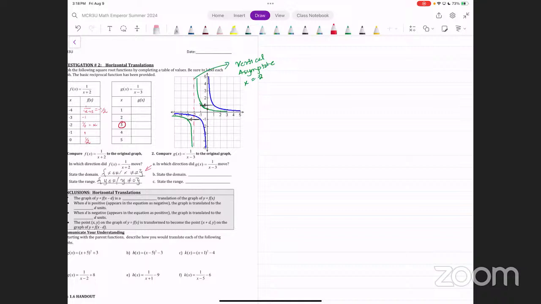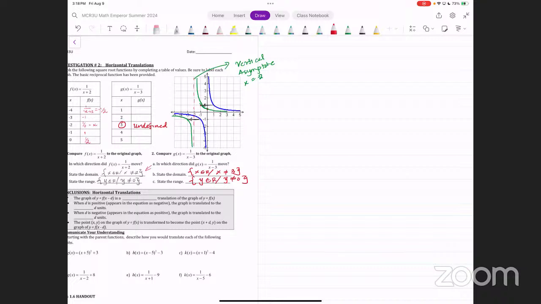The answer is also undefined, right? So because at 3 we got undefined, so what we say is x belongs to real, but x cannot be 3, isn't it? You see that? So what about the range? y belongs to real, but y in this case is not equal to 0 because it's not going to cross the x-axis. If you draw that, you can see it.